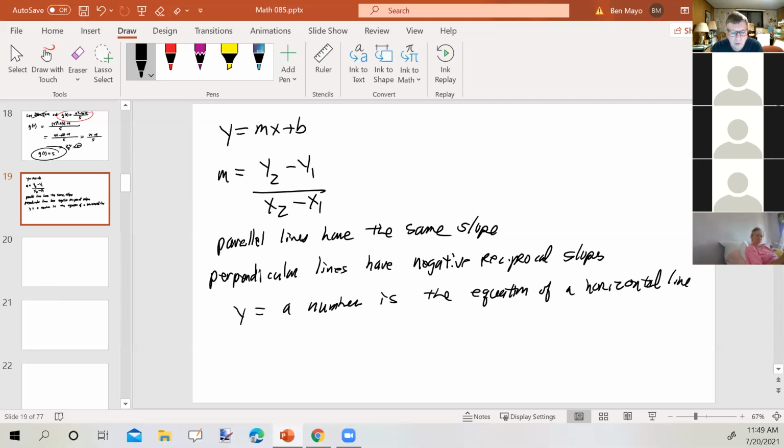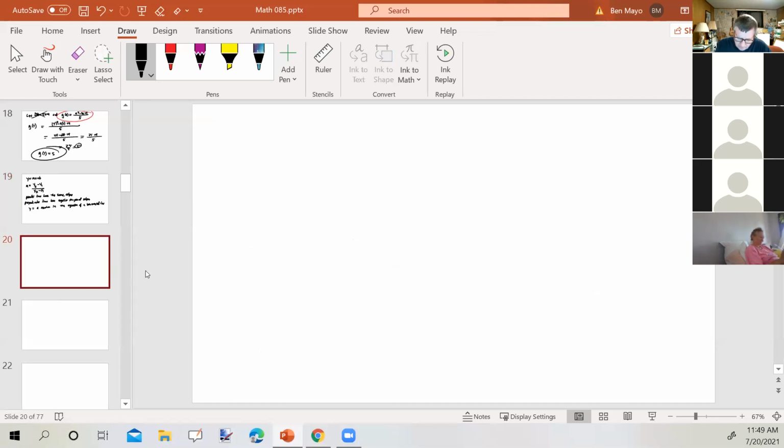You know how to tell whether something is a function or not? Yes. Could you show us? Sure. Let's do ordered pairs, or let's do a table. Okay, how about this?